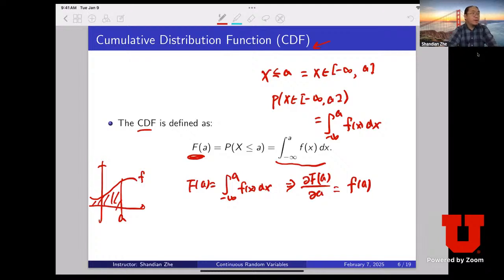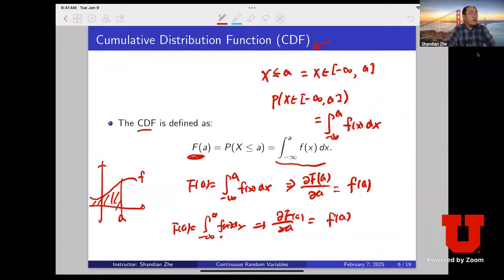This is a result from calculus 1. If I have an integration function like F(A) equals the integral from minus infinity to A of f(x) dx, then the derivative of F with respect to A is the lowercase f evaluated at the upper limit A. Does it make sense?